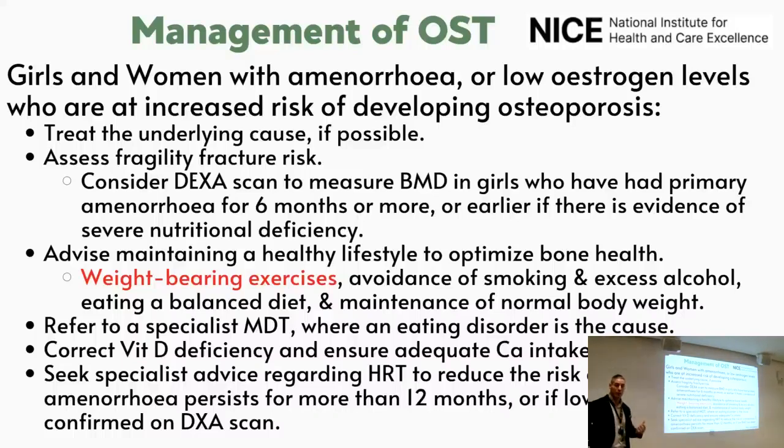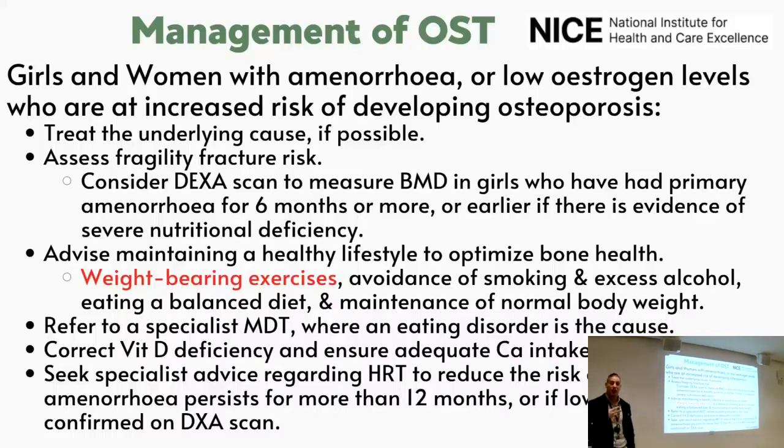or adolescents or women, and I'm focusing on these because these are the highest risk groups, with amenorrhea, so they've lost the menstrual cycle, or they've got low estrogen levels associated with potentially the menopause, then they're potentially at risk of developing osteoporosis.